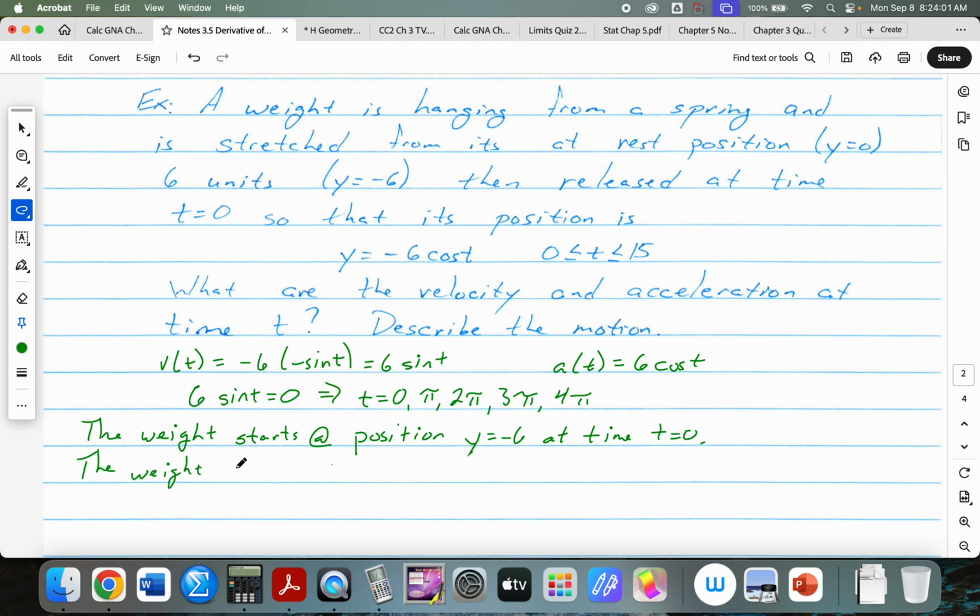The weight then moves upwards until t is equal to pi at position. So going back to the position, cosine at pi is -1, so y would be equal to 6.